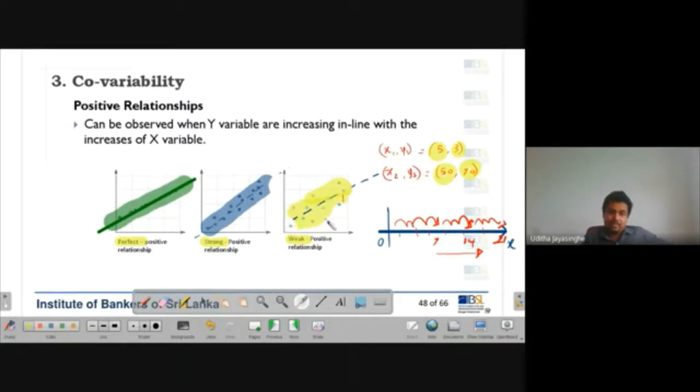Another, larger x value, same y. Now it's a bit difficult to conclude that your relationship could be strong or perfect. But when you look at the big picture, you can still say these relationships are going to be positive in nature.